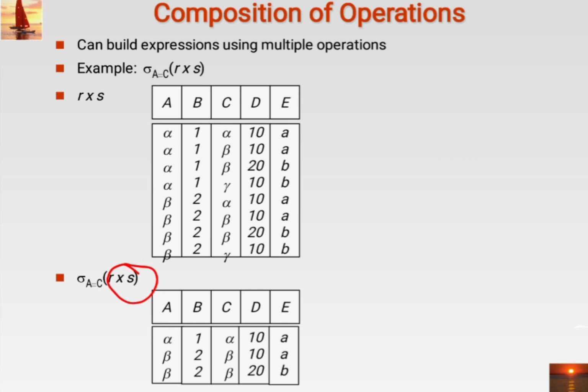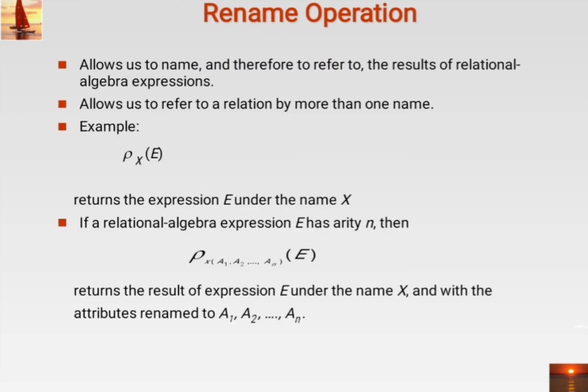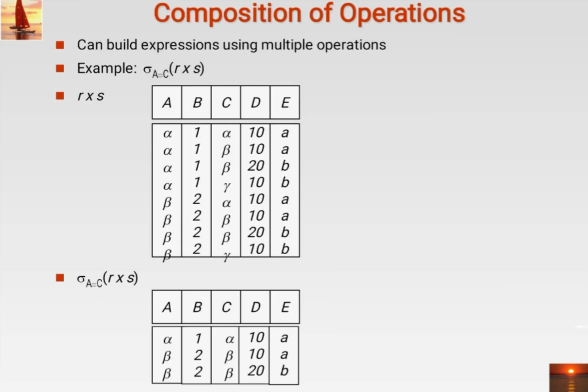I have taken the same example as the previous one. We have the relation R, you can see here, and this relation S that I am taking here, and this is R cross S. So first of all we need to do the R cross S, so this I will get, and from this I need to select A equals C. So whenever I see A equals C, you can see here A, then not this, A equals to C. Where is A equals C again?